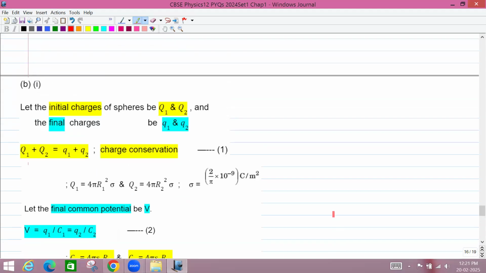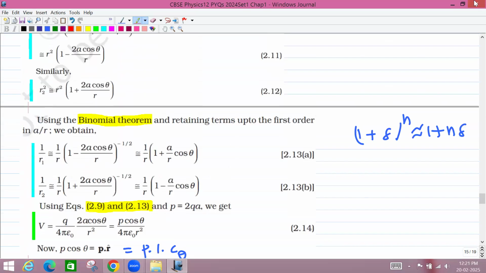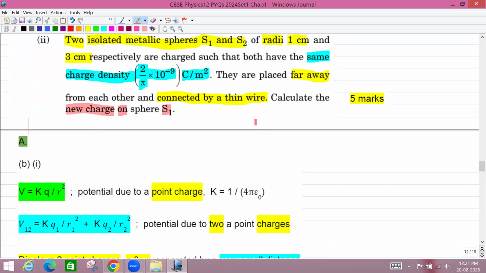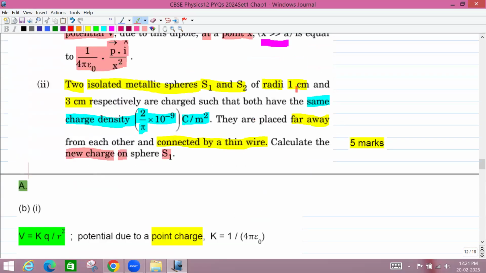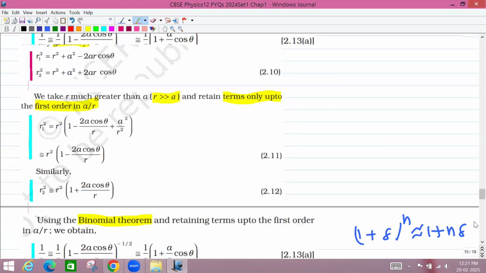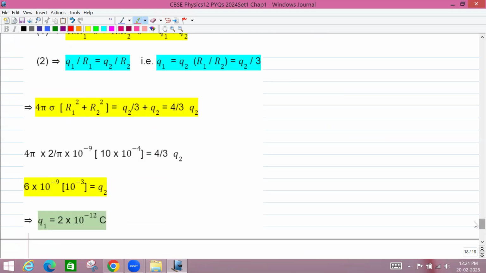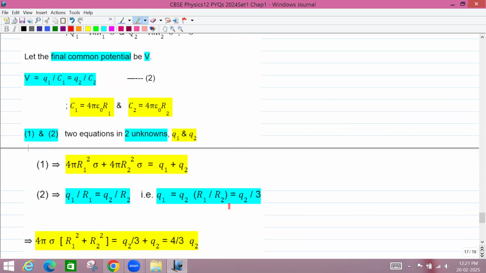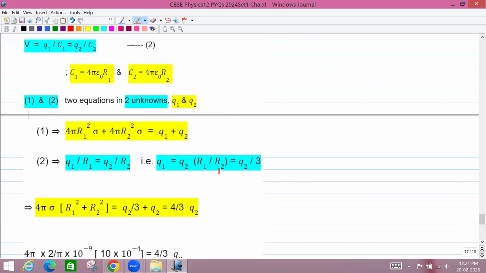R1 is the small sphere; the radius is 1 centimeter. R2 is 3 centimeters, the bigger sphere. So R1 by R2 is 1 by 3, and q1 is q2 by 3.